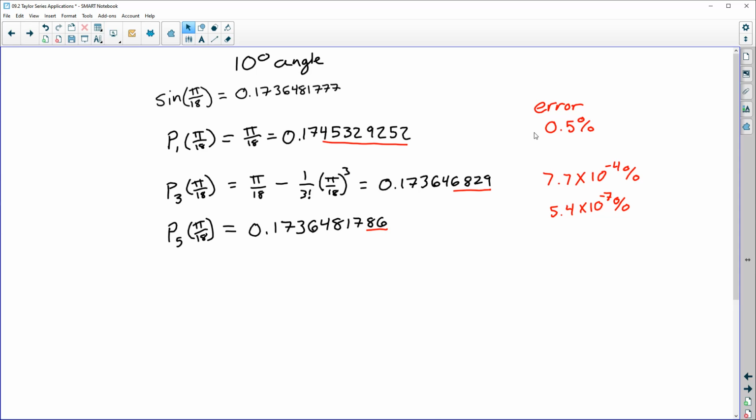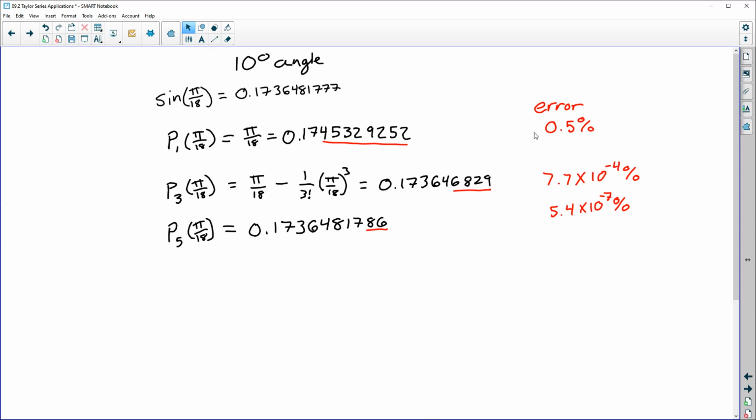You can see that a linear approximation for a 10 degrees angle errors only in the 0.5%. And when we take the fifth term polynomial, we get 5 times 10^-7 percent.